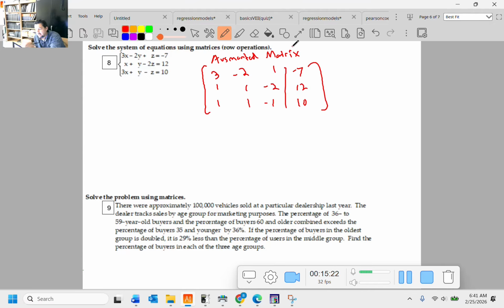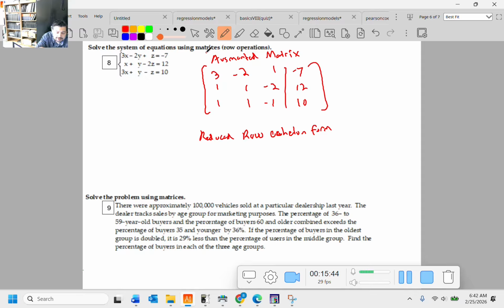Now we're going to do something in our calculator called reduced row echelon form. So first we're going to throw this into a matrix. It is a 3 by 4. It has 3 rows, 4 columns.